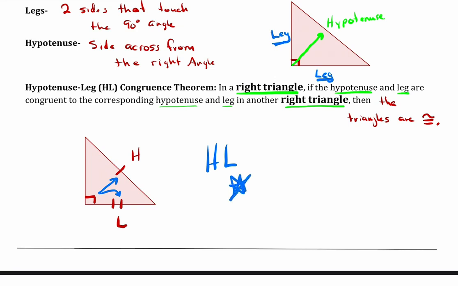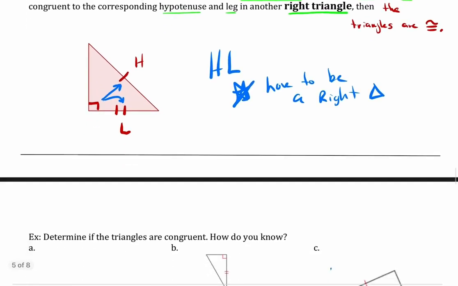Again, they have to be a right triangle. So if they are not right triangles, then you can't use HL, because only right triangles have a hypotenuse. Okay? So those are our shortcuts that we have. So we'll go ahead and do a couple of examples now to make sure that we can identify and use them.